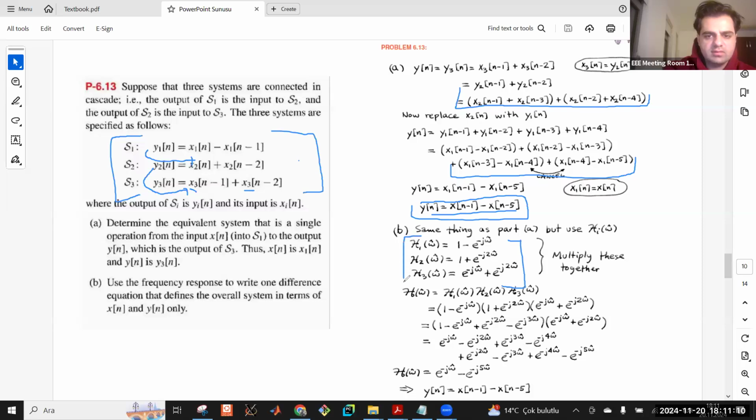However, we know the frequency responses. These are in frequency domain, and overall frequency response is equal to multiplication of the frequency responses of subsystems. When we do the multiplication, we get this result.